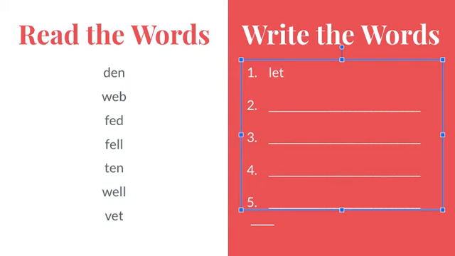Look at the word you wrote. Is every sound represented by a letter on your page? Let's see how you did. Pen has 3 sounds. P, eh, n. It does say like egg, so we're going to use the short E.